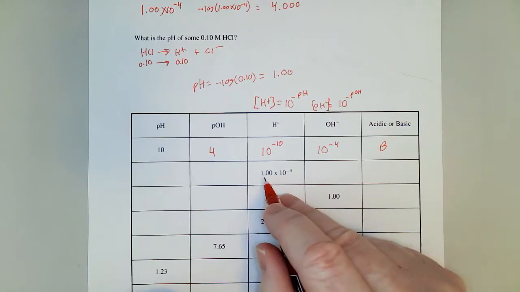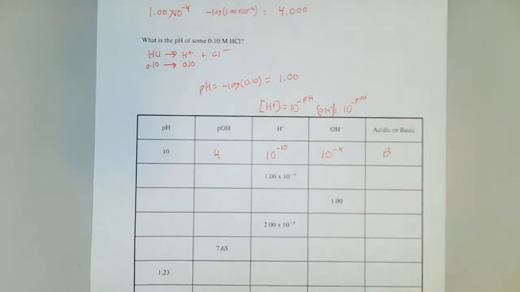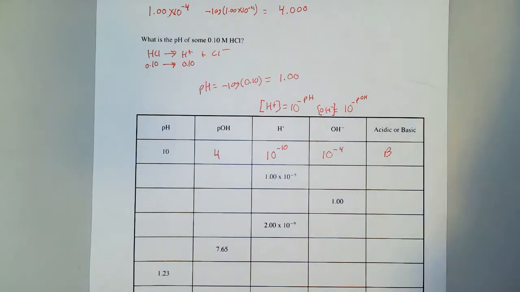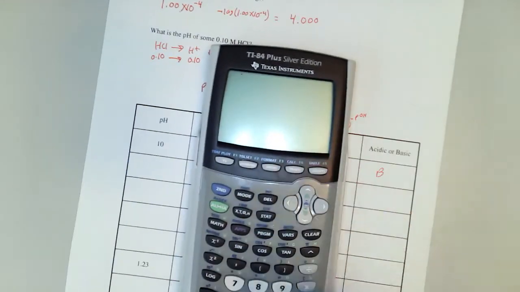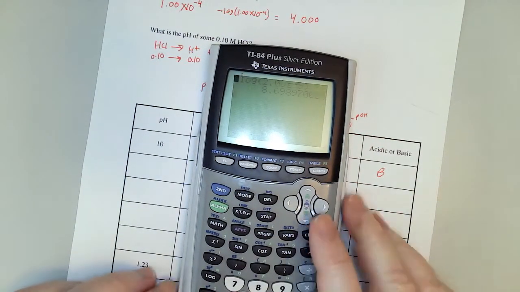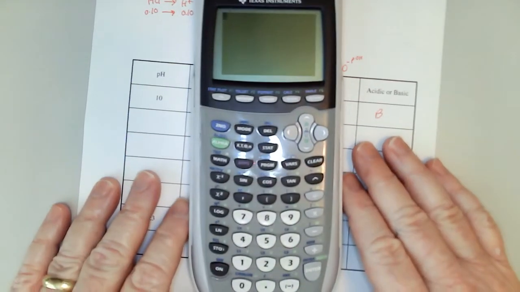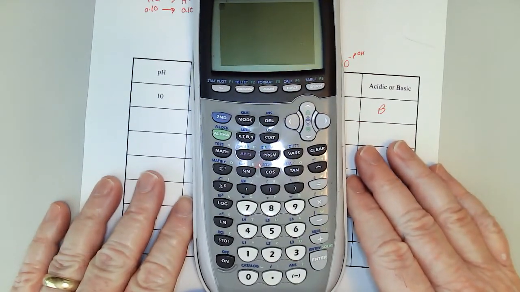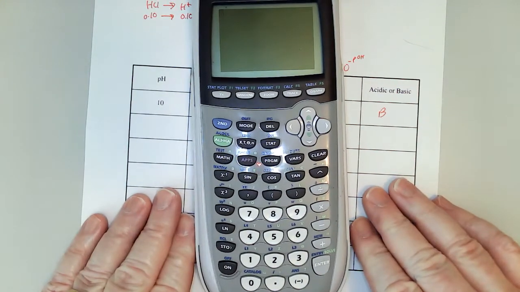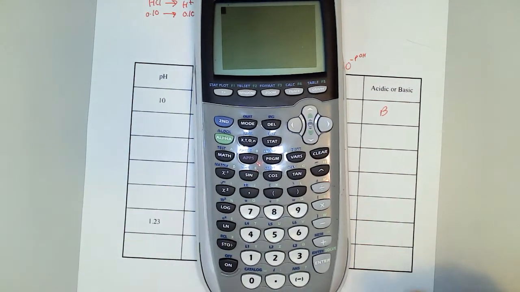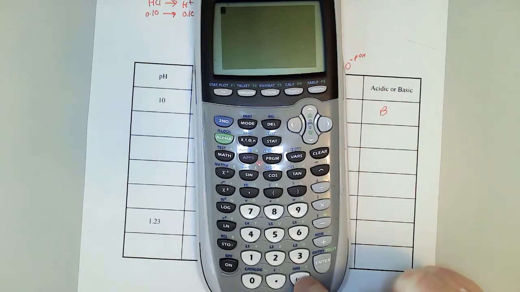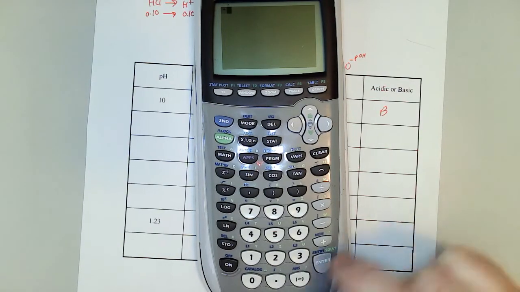The H plus is 1.00 times 10 to the negative 5th. We need to take the negative log of that. So, got the calculator here. Make sure it's showing on the screen just right so you can see all the buttons. There we go. Down here at the very bottom of the screen, I'm going to put the minus sign, negative.